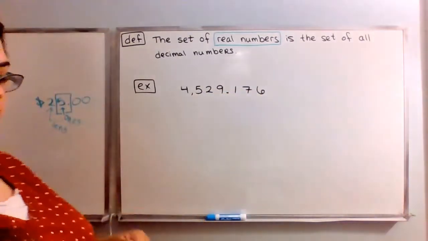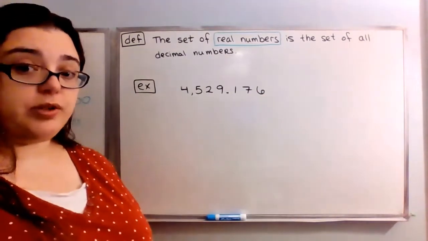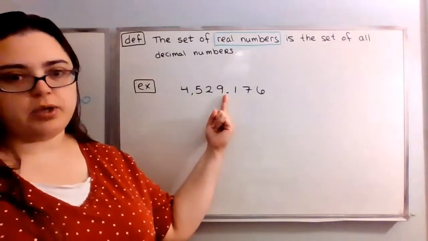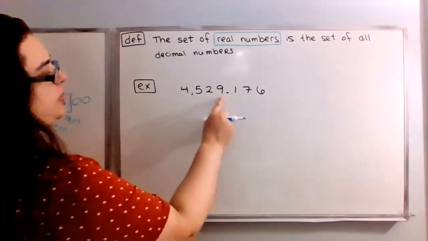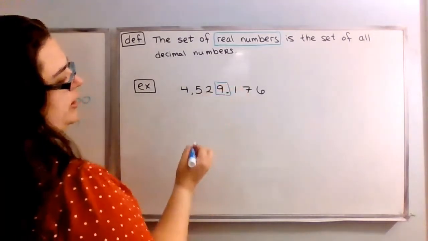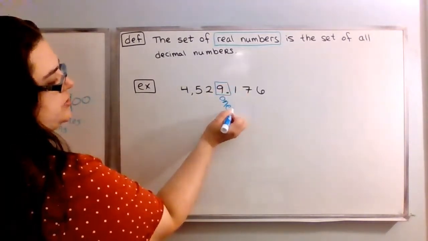To label your place values, you're going to find where that decimal point is. So we're kind of in the middle this time. And the number that is immediately to the left of the decimal point, you want to identify that as your ones place first.